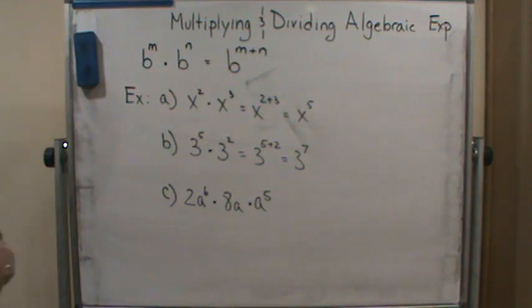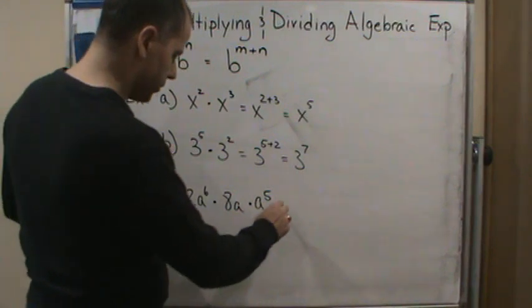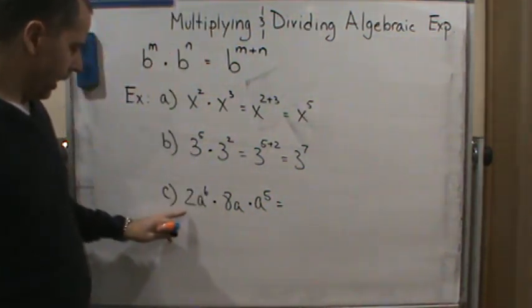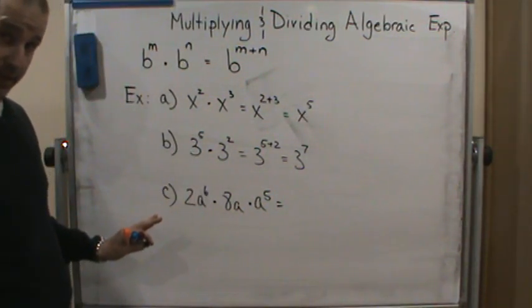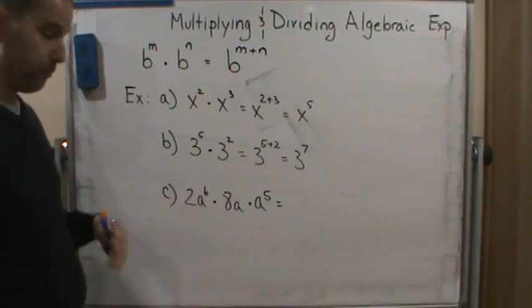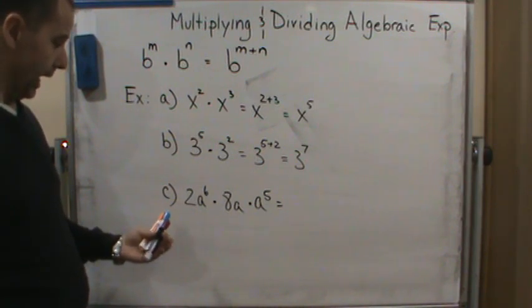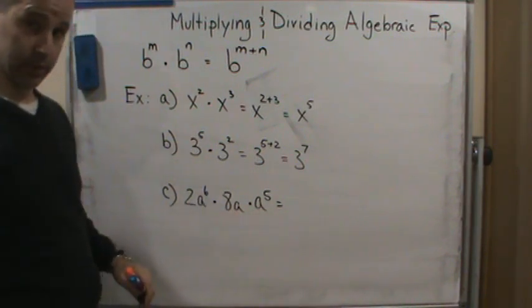And of course the last one, I'm going to do the same thing. Keep in mind, when I have constants or coefficients, I multiply the coefficients or constants, and I add the exponents.